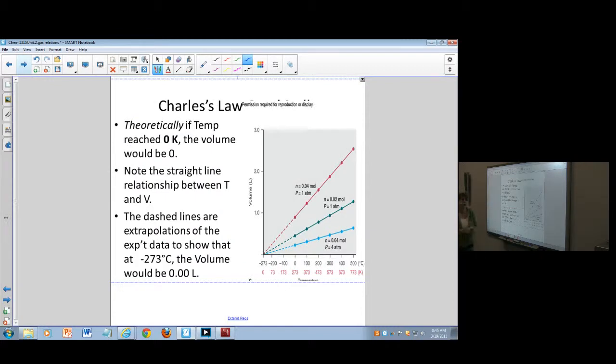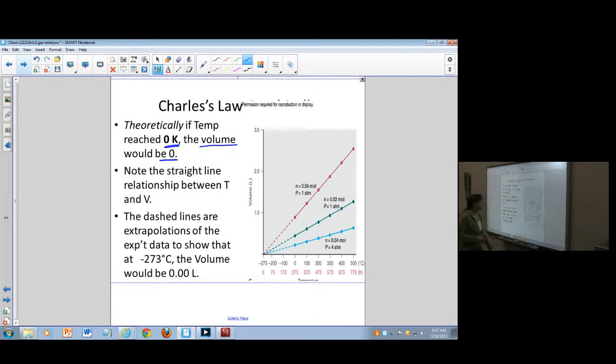Another thing Charles's law tells us, at least in theory, is what the temperature is in terms of Kelvin. How do we know what Kelvin is? Remember, Kelvin starts at 0 Kelvin. That's the very least amount of temperature that we can get to. Why? Because if we get to 0 Kelvin, then whatever we are measuring would have a volume of 0.